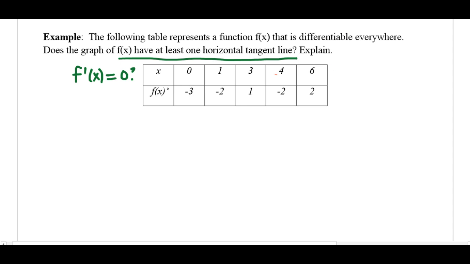same. So when looking at this table of data, I can see that when I substitute in 1, I get out -2, and when I substitute in 4, I get out -2.